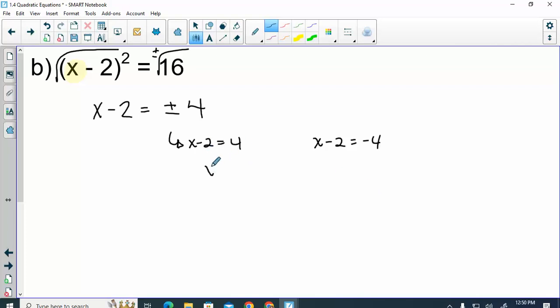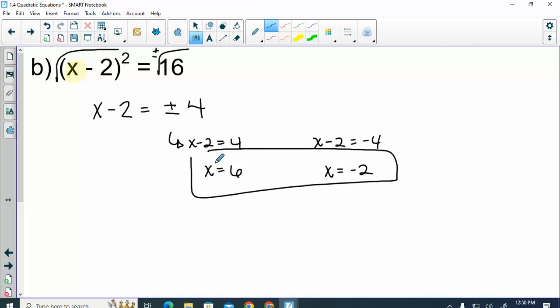If you add that 2 over, we get a 6 here, but this one, negative 4 plus 2 is negative 2. So you do need to think about separating those when you go to add that over to make sure you don't have any mistakes.